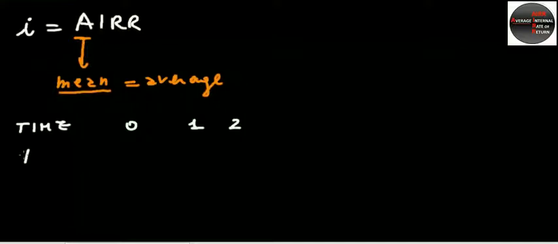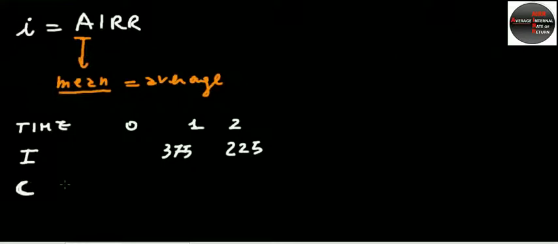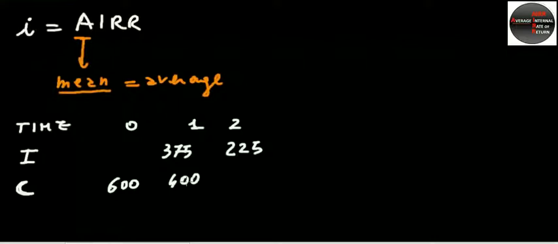Two incomes generated by the project at the end of the first period, 375, and at the end of the second period, 225. These incomes are generated by the capitals: 600 at the beginning of the first period and $400 which are invested at the beginning of the second period.